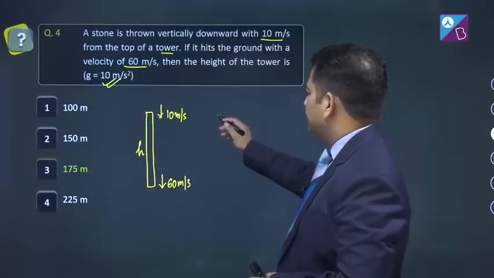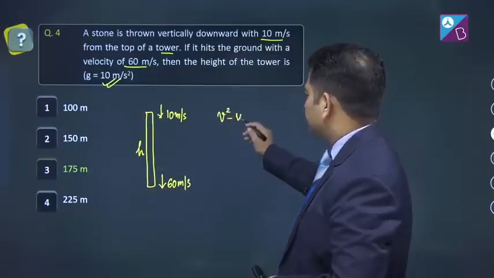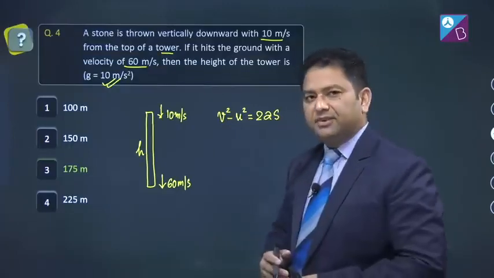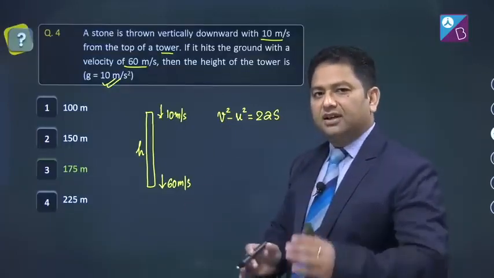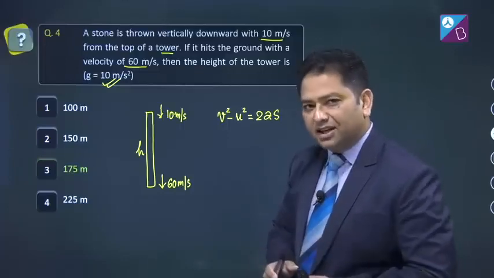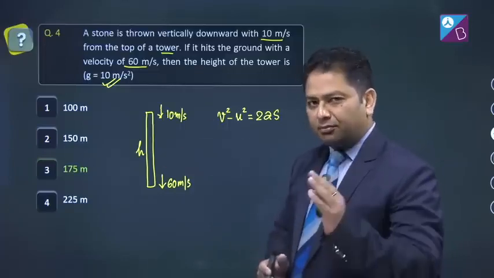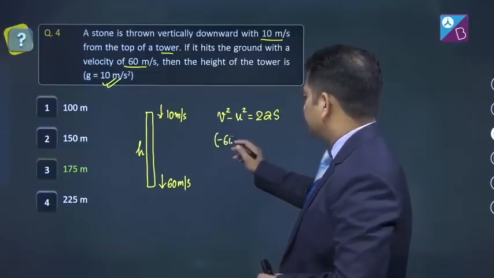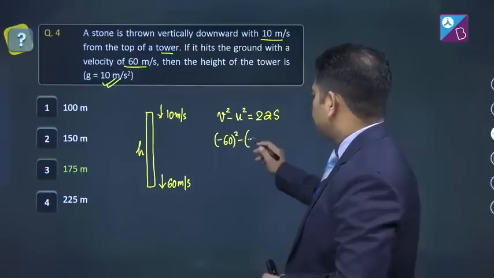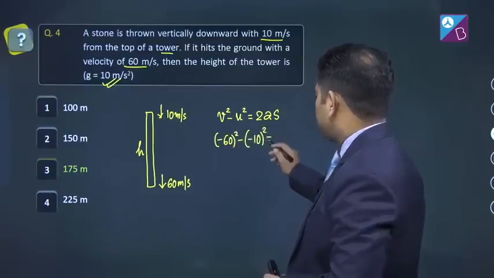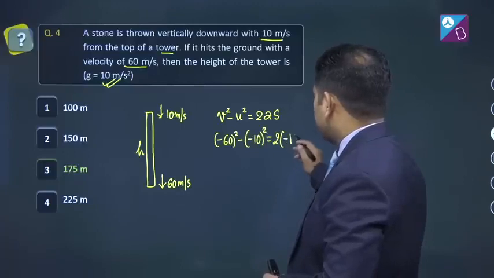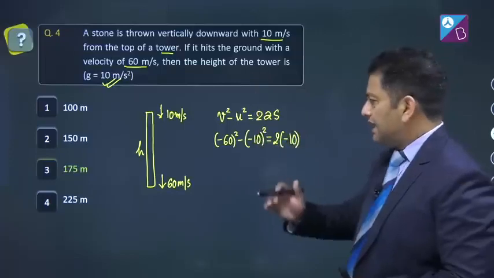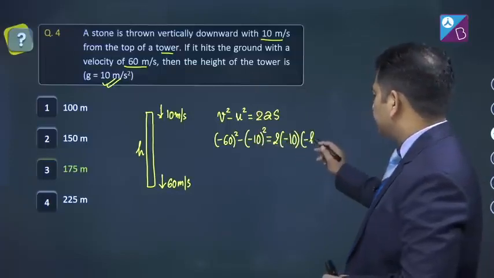Let's see, I can use this equation v square minus u square equals to 2 acceleration multiplied by displacement. And the regular convention: vector downward will be taken negative, vector upward will be taken positive. Final velocity ये है -60 का square, initial velocity ये है -10 का square, acceleration being downward that will be taken as -10, and displacement that is down, so that will again be minus of h.